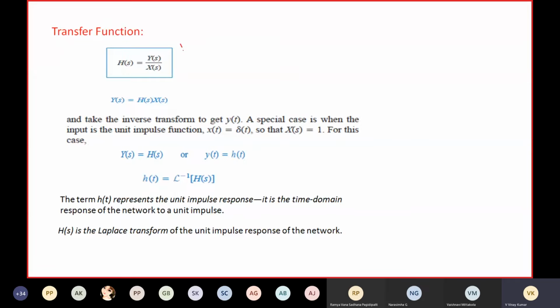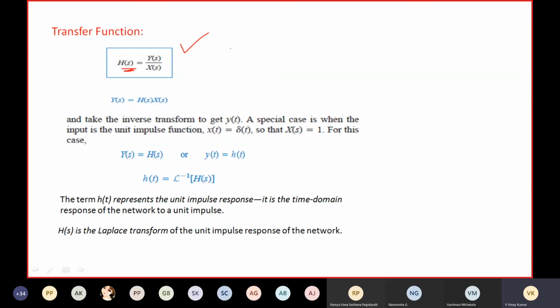So h of s is equal to y of s by x of s. What is y of s? Y of s is the Laplace of output. What is x of s? X of s is the Laplace of input. So the transfer function is the ratio of Laplace of output to Laplace of input with zero initial condition.